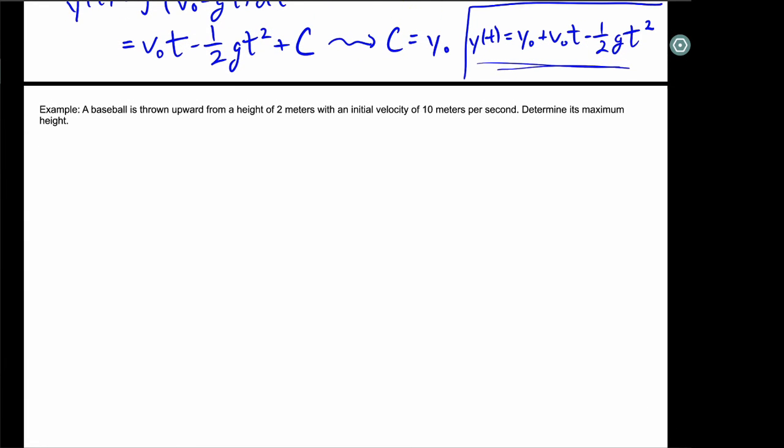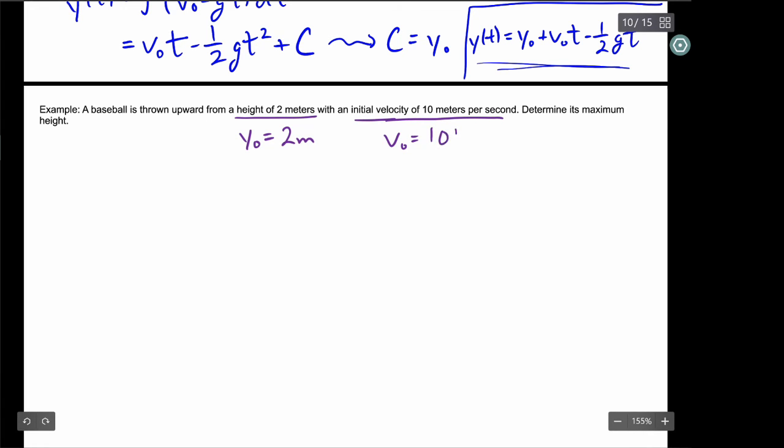So we have a baseball thrown upward from a height of 2 meters, which means y naught is 2 meters, with an initial velocity of 10 meters per second. This phrase means v naught is 10 meters per second. We want to determine its maximum height.